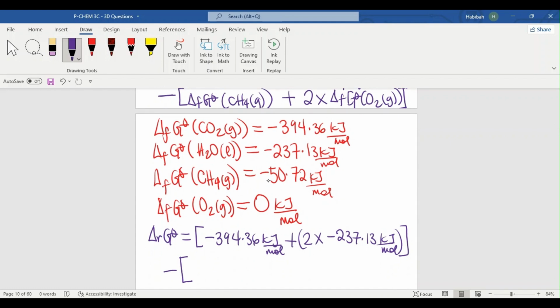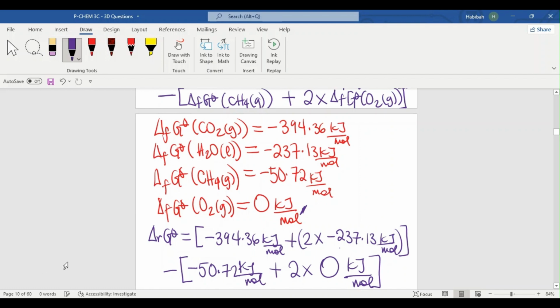So minus the Gibbs energy of formation for CH4. We know that to be simply negative 50.72 kilojoule per mole, plus 2 times the Gibbs energy of formation for O2 gas, which will just simply be 2 times 0 because that's what we have here. So 0 kilojoule per mole.